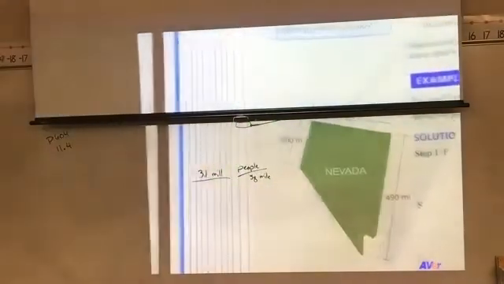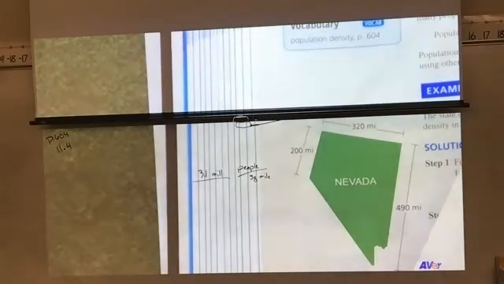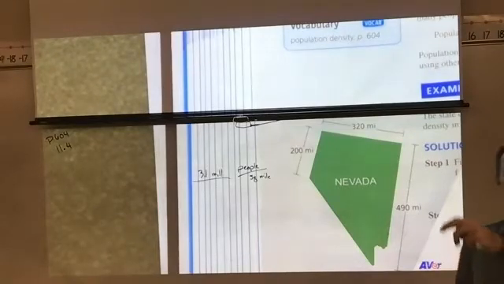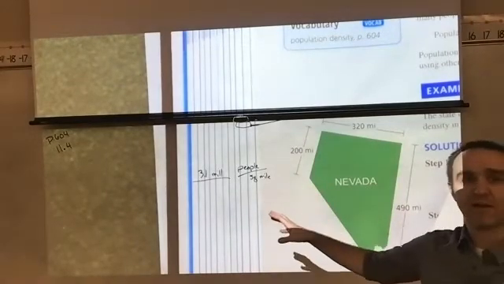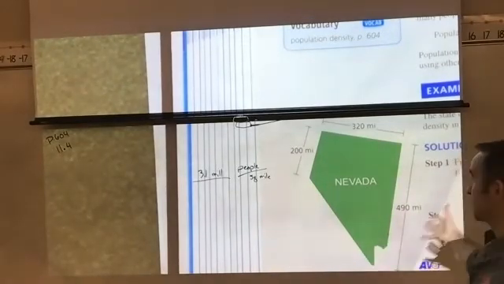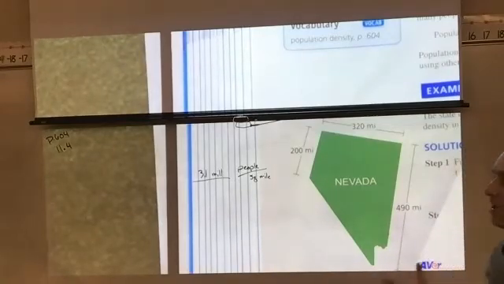And so we see over here that picture of Nevada. Now, we are going to have to do a little bit of estimating because, as we can tell, most states, and a lot of times it's a state or county or something like that, are not always a perfect shape that we can find the area of. Nevada's pretty close, right? If you think to yourself, what type of shape would this be?